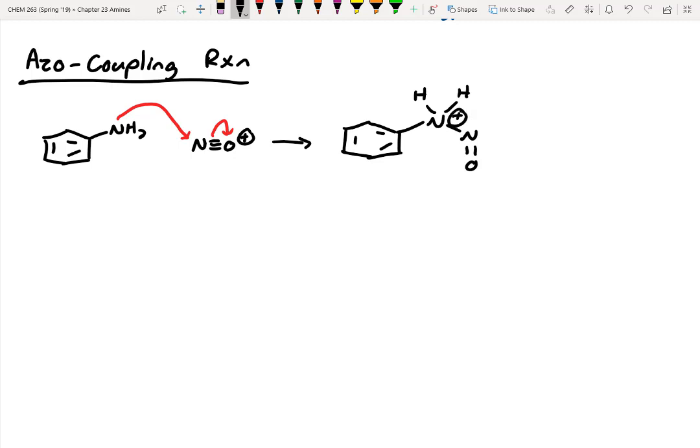We're going to shorten this up though, and I'm just going to write plus minus H plus. And we're just going to move one of these protons from that nitrogen onto the oxygen.